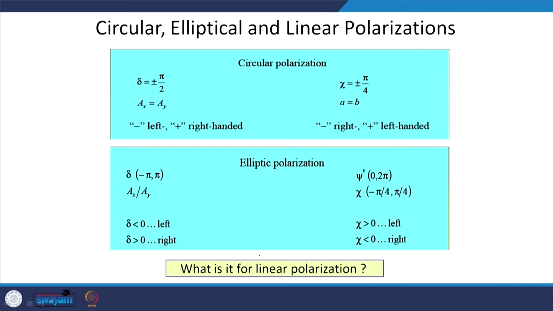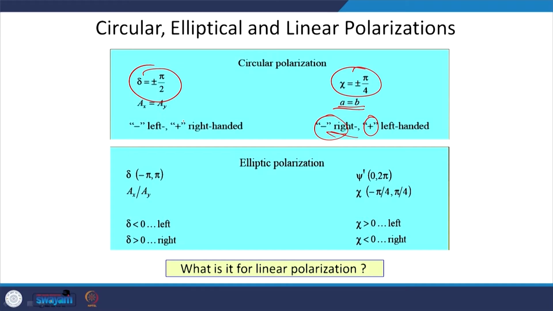If you have elliptical or circular polarization, delta is equal to plus pi by 2 or minus pi by 2, and you can have psi like this, and A must be equal to B. If this is negative, it is right circularly polarized; if positive, then left circularly polarized, and vice versa. Same here.